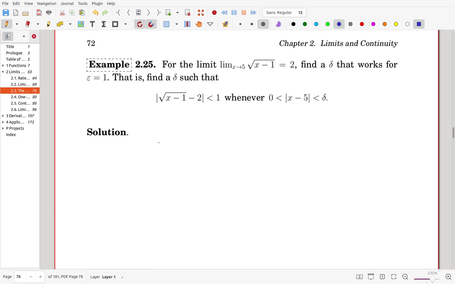To solve this problem, we start with this one: the absolute value of the square root of x minus 1, minus 2, is bounded by epsilon, but epsilon is chosen to be 1, a specific value. Now we eliminate the absolute sign, so minus 1 is the lower bound, and the square root of x minus 1, minus 2, is bounded above by 1.